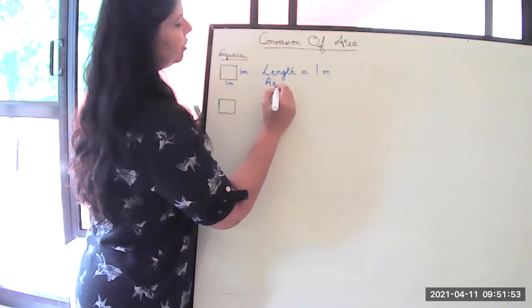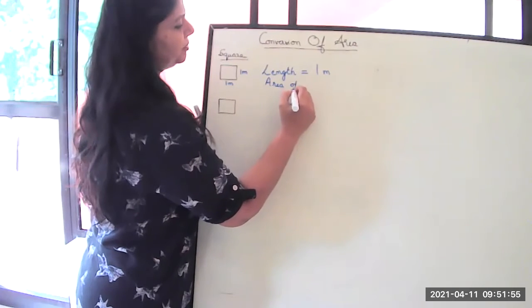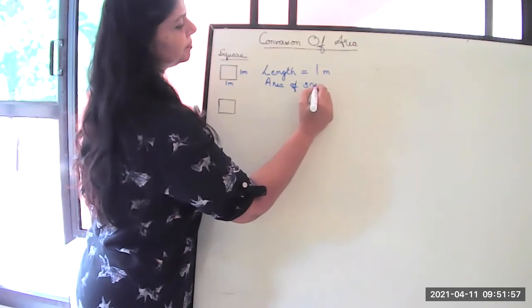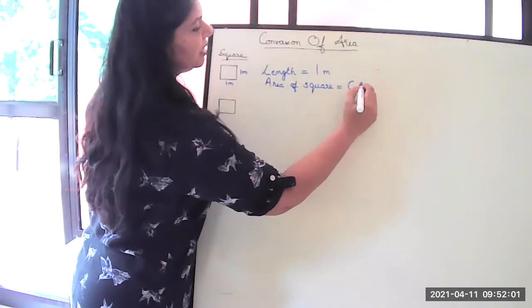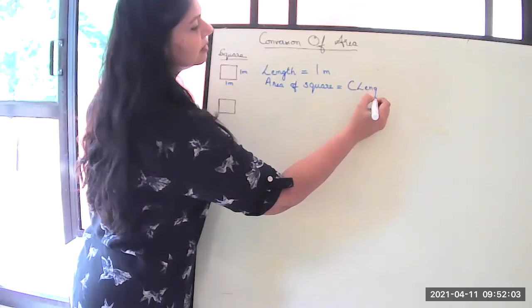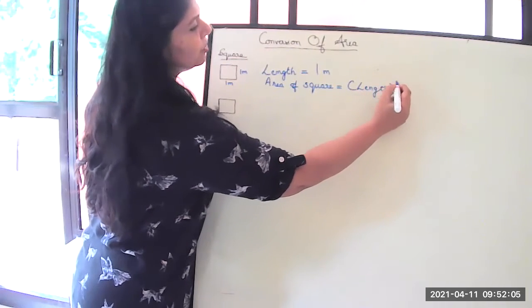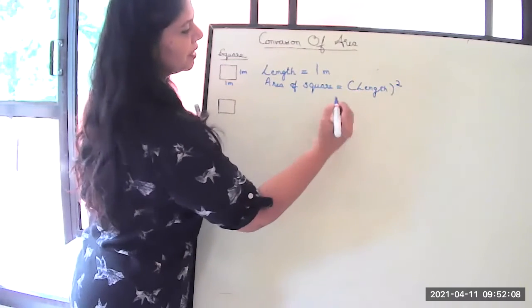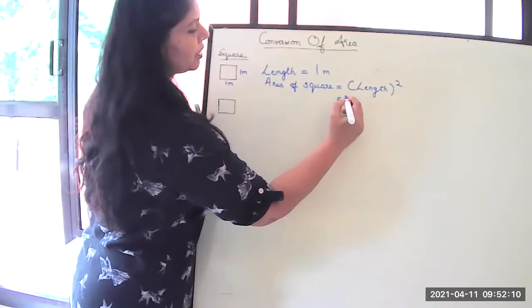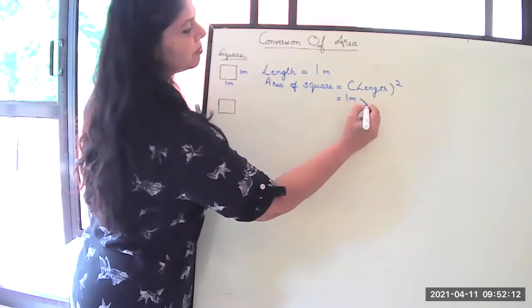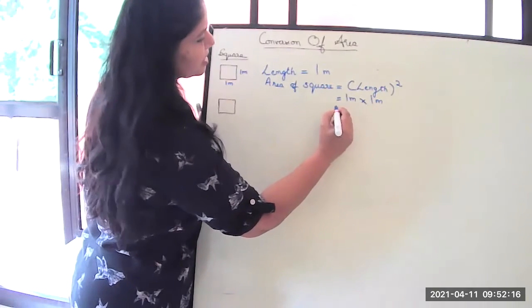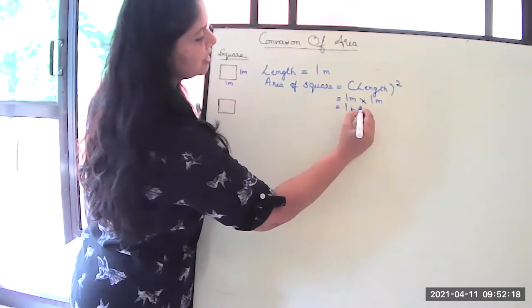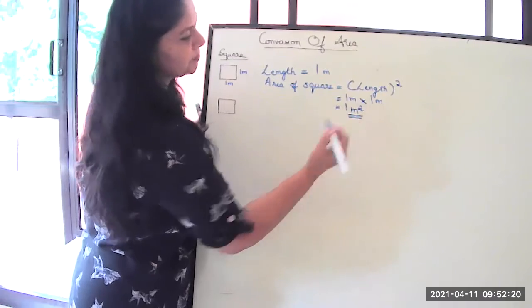Then area of square is equal to length, the whole square, that is equal to 1 meter multiplied by 1 meter, that is 1 meter square.